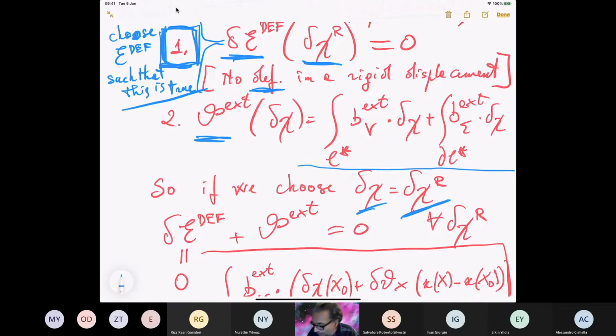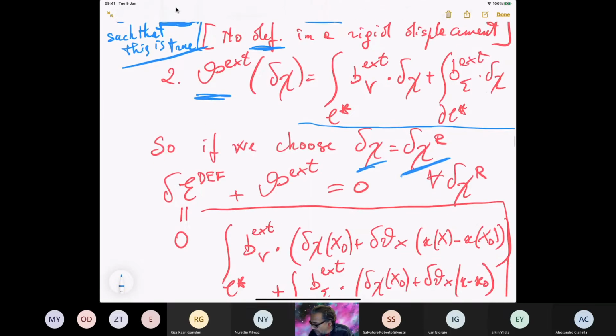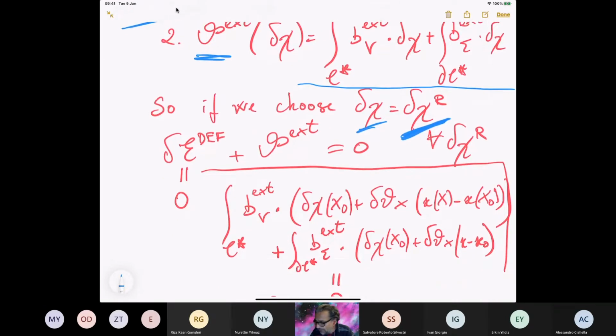I'm not developing the theory of rigid bodies. If you have a deformable body in equilibrium, it must have the first variation of energy plus the first variation of external work, the work of external forces, equal to 0 for every displacement starting from equilibrium. If it is rigid or if it is not rigid, this is true. So we choose the rigid displacement as a particular small variation of placement. This is equal to 0. So we know that the external work is equal to 0 for every rigid displacement.